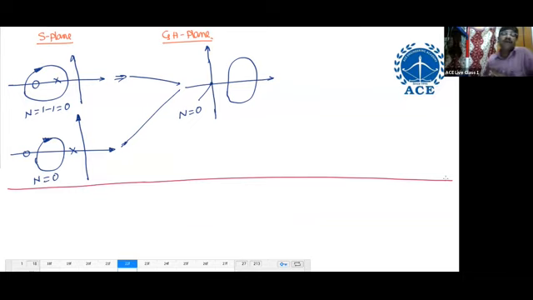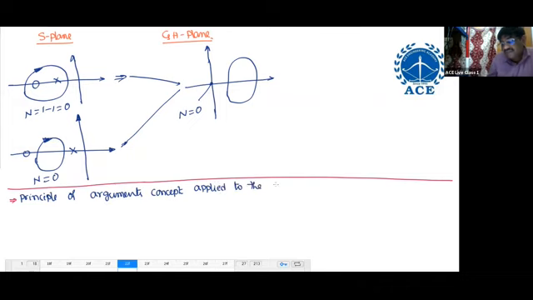The principle of argument concept is applied to the total right half of the S-plane.